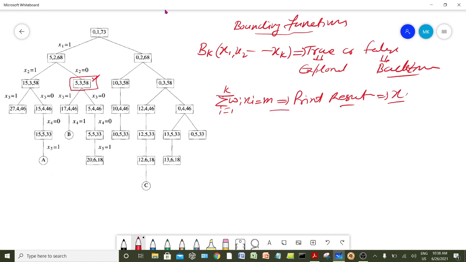If this is not true, then we need to make a decision whether this particular node is to be expanded further or not. Now this expansion decision is to be made on two conditions.